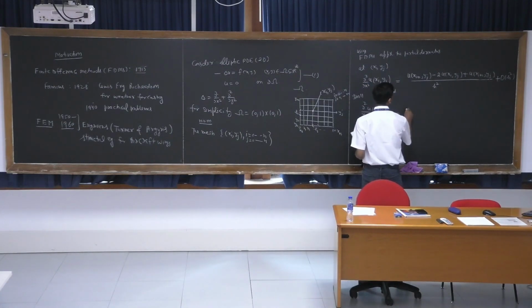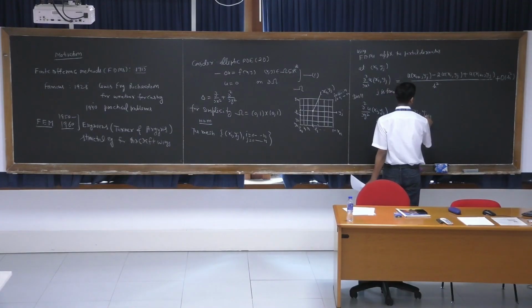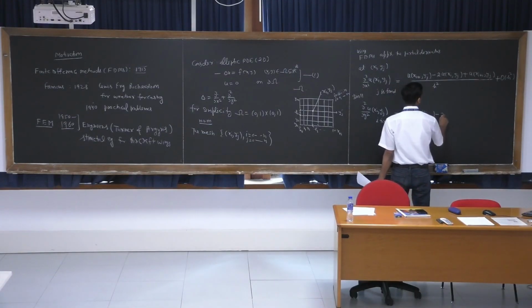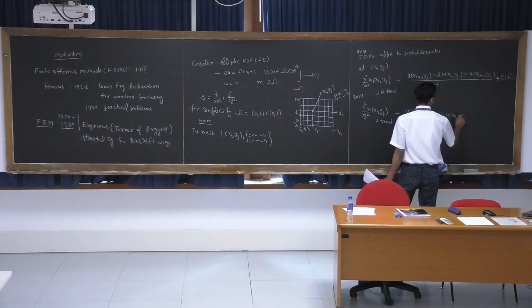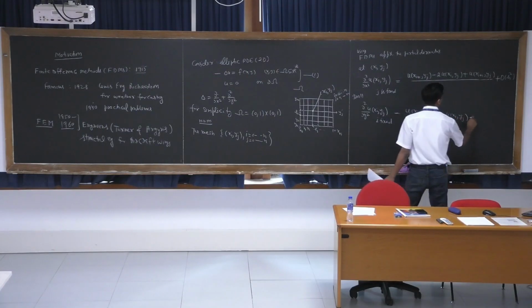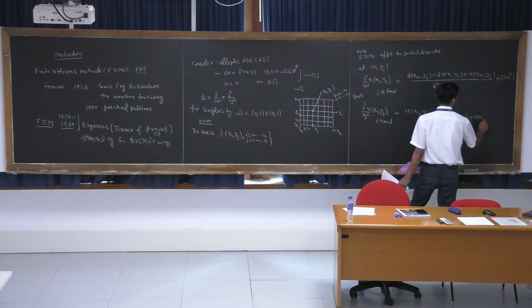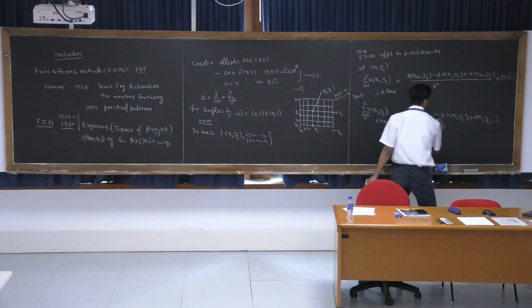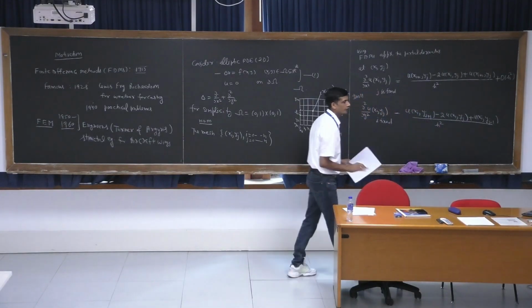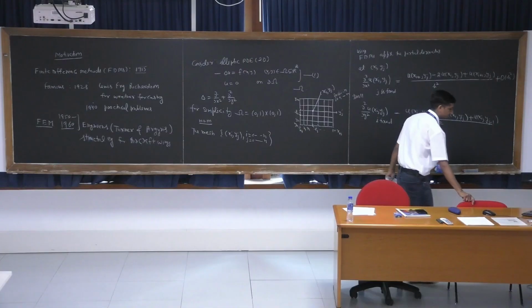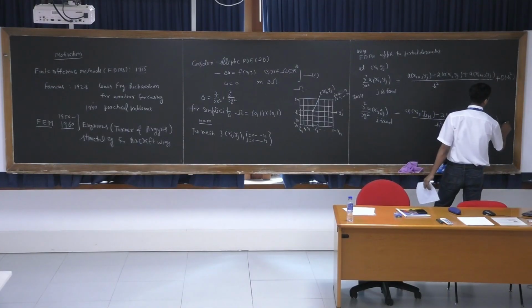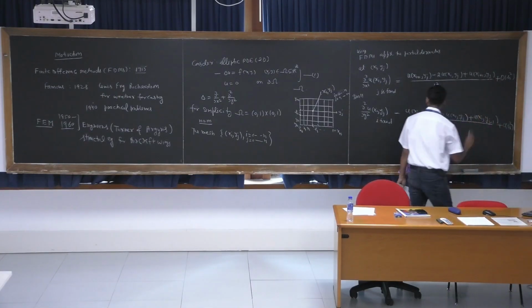So this is equal to u of xi, yj plus 1 minus 2 u of xi, yj plus u of xi, yj minus 1, divided by h square, because I have considered a uniform mesh, plus order of h square.